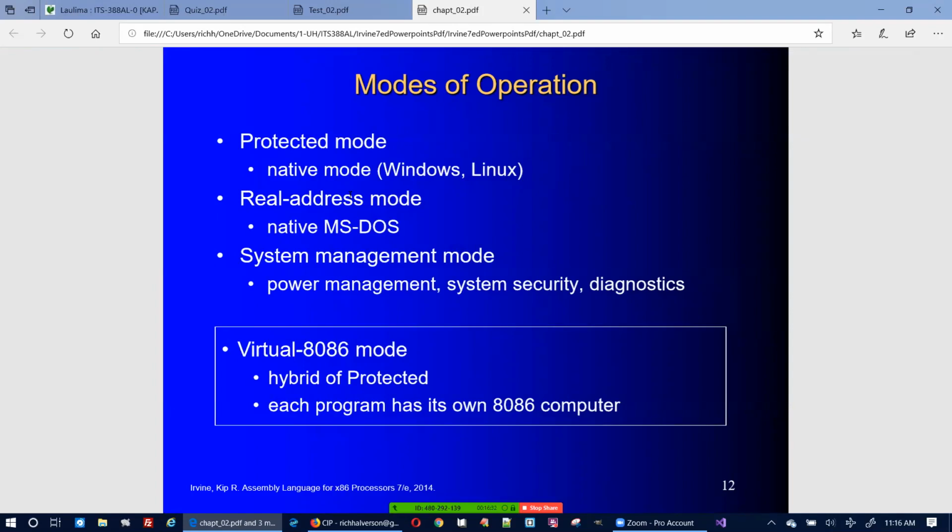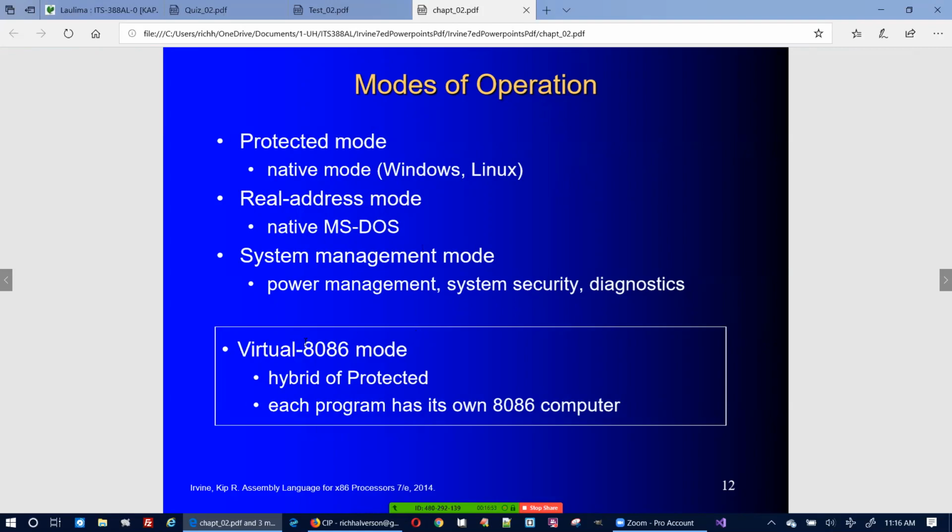MS-DOS operating system. And then system memory management mode, which is another mode where if you're worried about power management or you want added security and so on, that's a third mode.